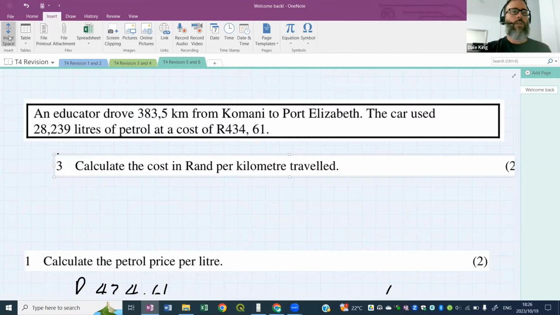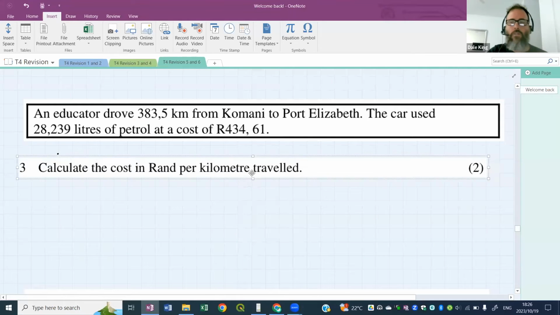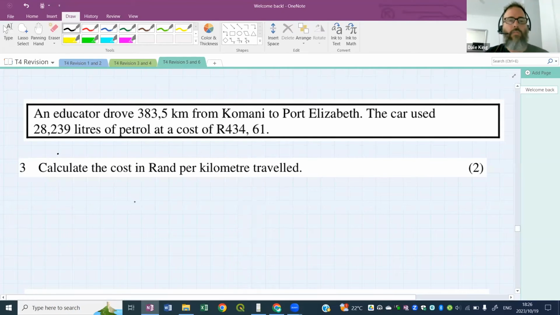Calculate the cost in rands per kilometer traveled. Sure, guys, we're loving these short 2-mark questions. Free money, free marks. What is the rand cost per kilometer?